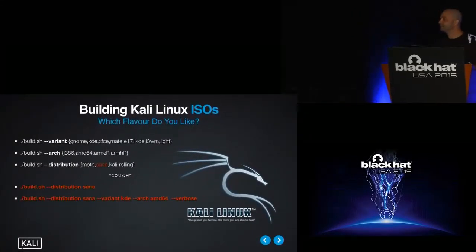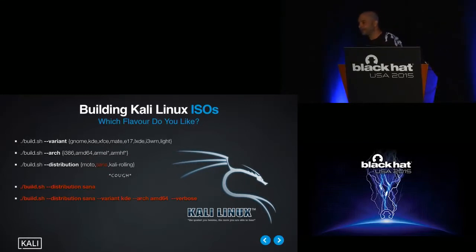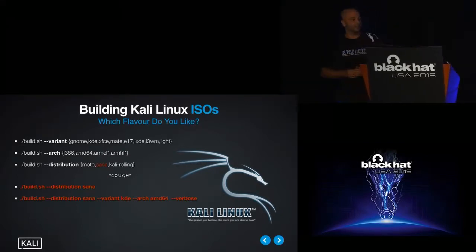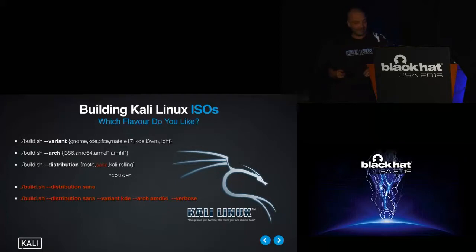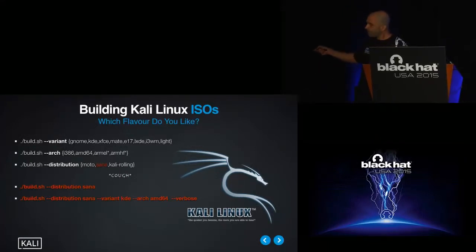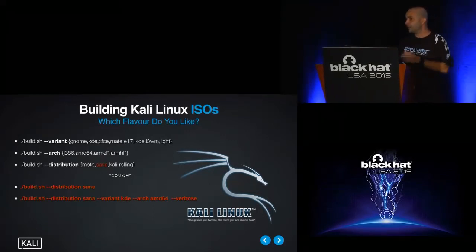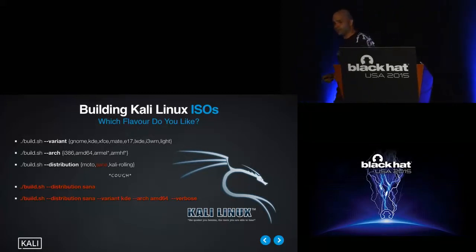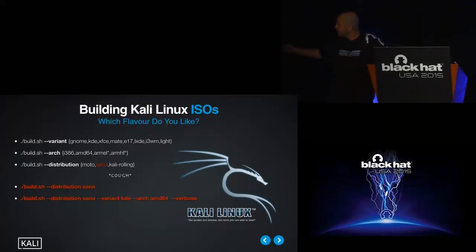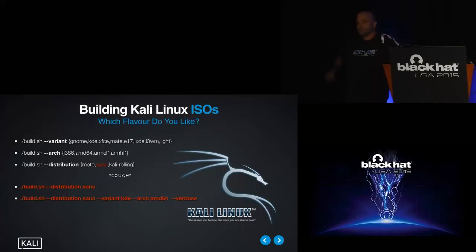So here is the secret sauce, ladies and gentlemen. And I'm talking with a slight smug look on my face because essentially, once you Git cloned our live build repository, this is how you would build ISOs. Now, another change that we've implemented in Kali 2 is the ability to integrate all sorts of different desktop environments.